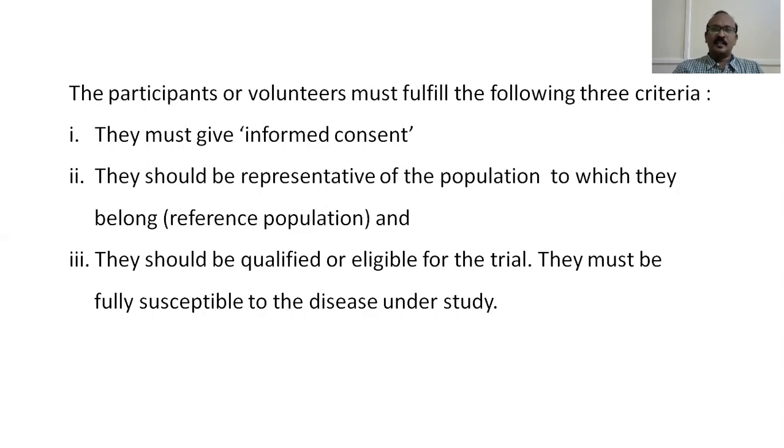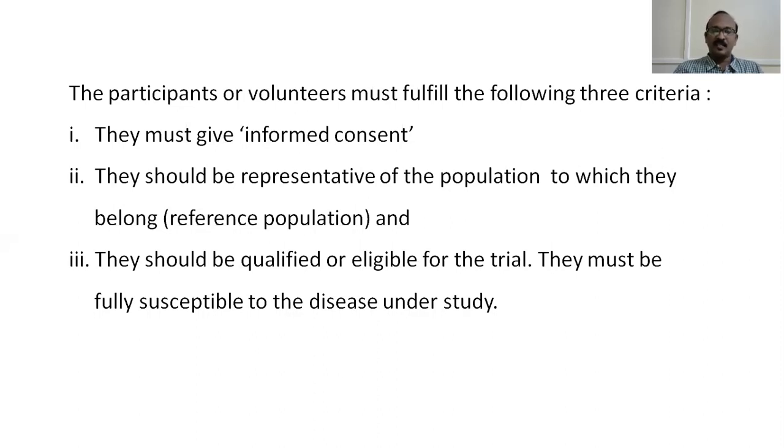It means that, as understood from the following example, if you're doing a study or randomized controlled trial on anemia, the participants must all be anemic, so that the manipulation, that is iron folic acid, is given, which subsequently helps in the cure or treatment of this anemia.